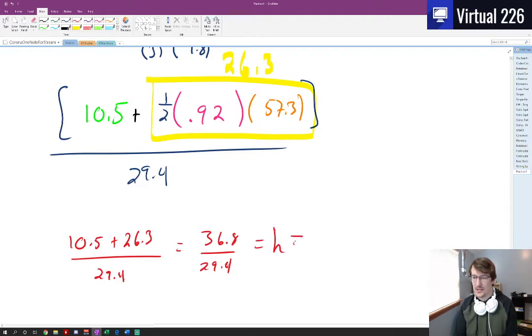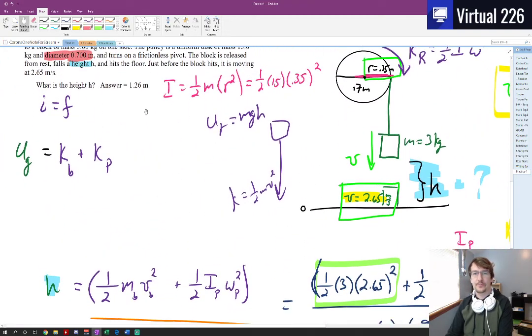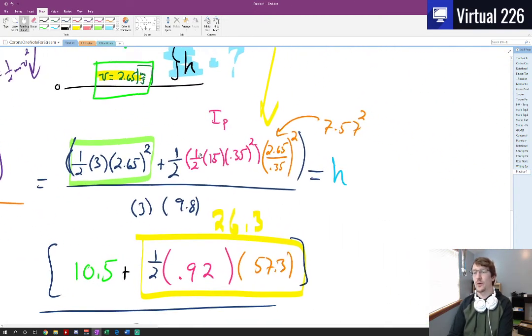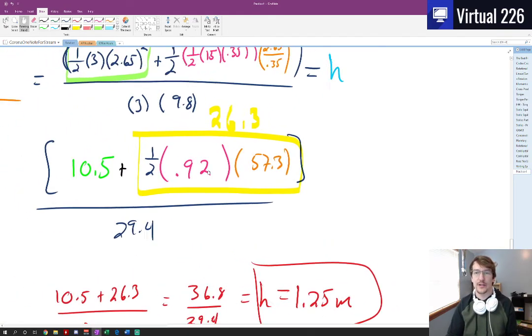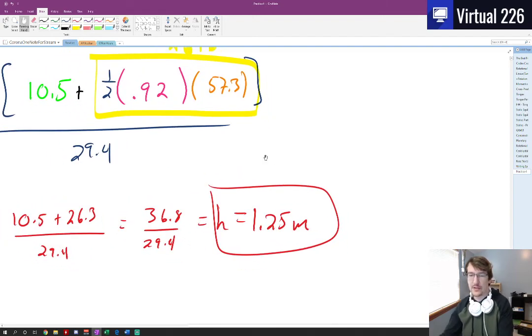That's going to equal our height. 36.8 divided by 29.4 gives us a value of 1.25, and that's a height, so that is meters. And let's take a look at what our original answer was up here. 1.26, yeah, we got 1.25. We probably rounded somewhere in there because we were crushing off decimals here. So yeah, that looks like a great answer for us in this problem.